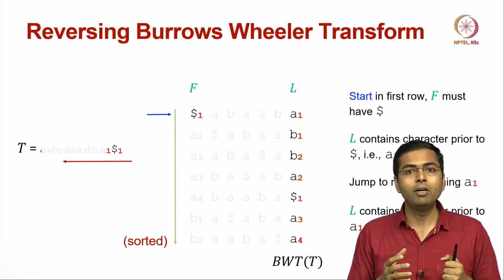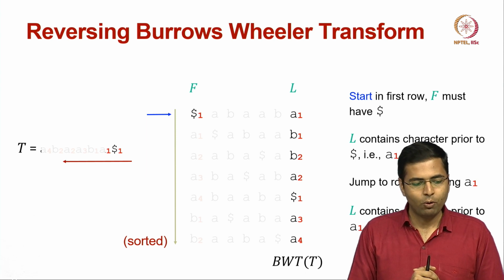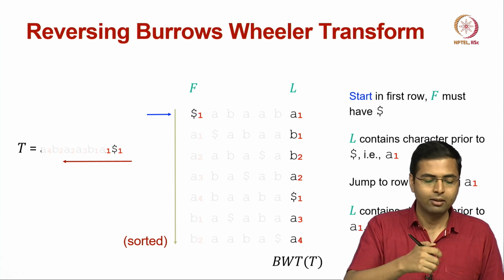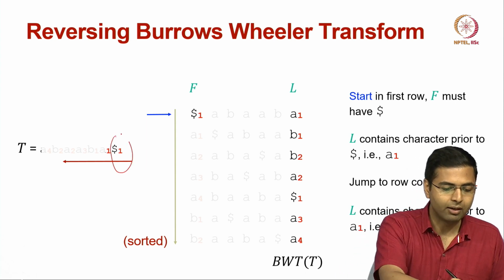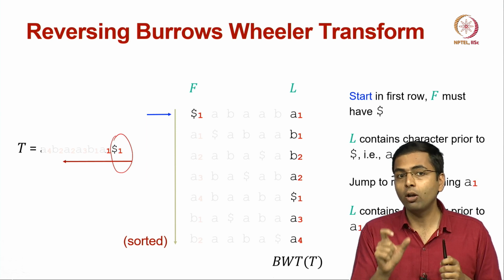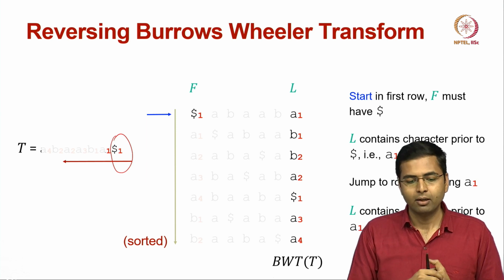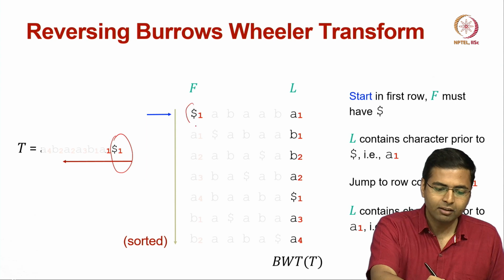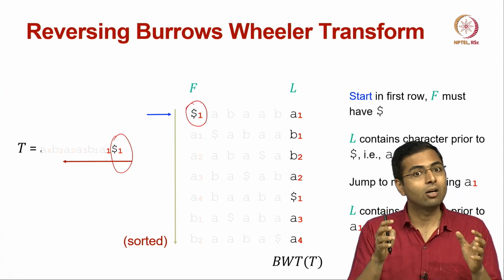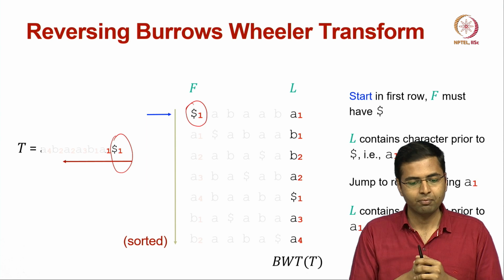So, here is what we will do. We will try to reconstruct text T in the reverse order. So, we will start with the dollar symbol. We know that the last character of text T is always going to be dollar symbol, and we also know that the first row of my matrix is $1, right.